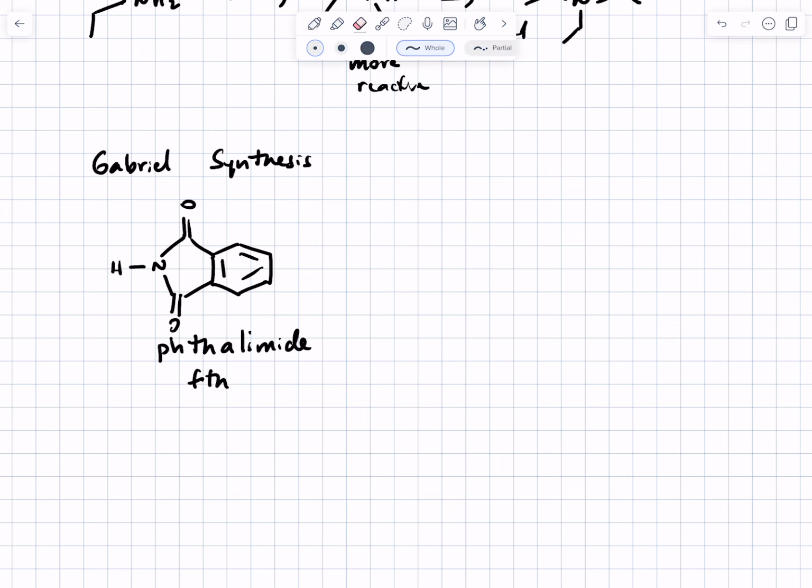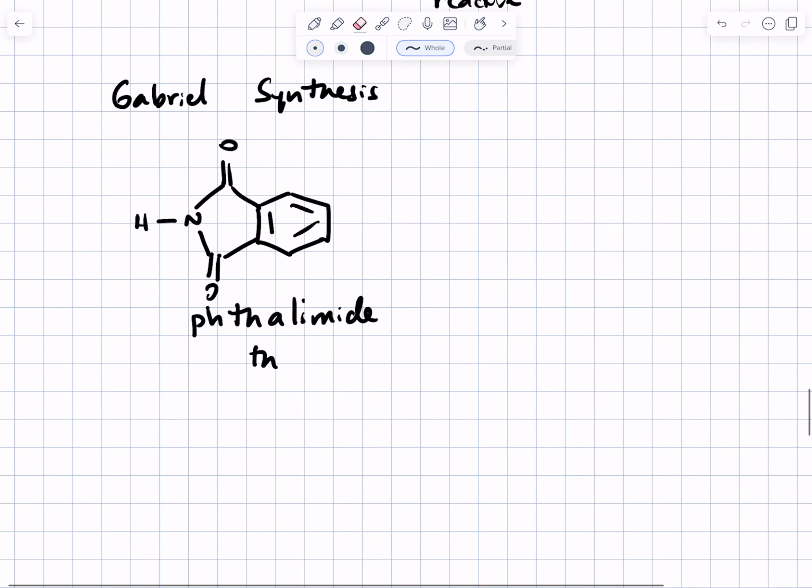So mostly people drop the F and just call that phthalimide. Because I want to protect the people in the splash zone, I won't attempt to do the F and the TH together. Right, exactly. So the Gabriel synthesis starts out with phthalimide.